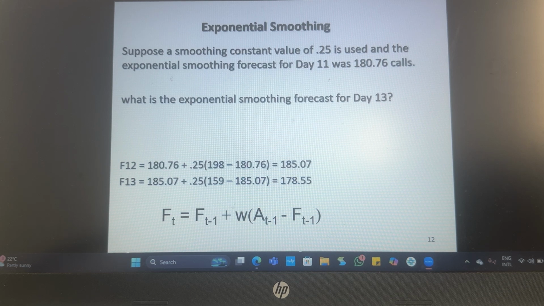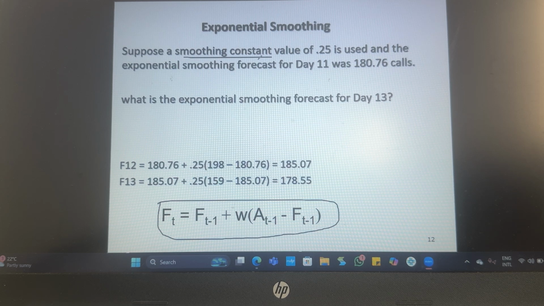And exponential smoothing is another technique. So what is this? This is the formula for exponential smoothing. Don't try to memorize these formulas. If a formula is needed, I'll give it in the question paper itself. W is the smoothing constant.